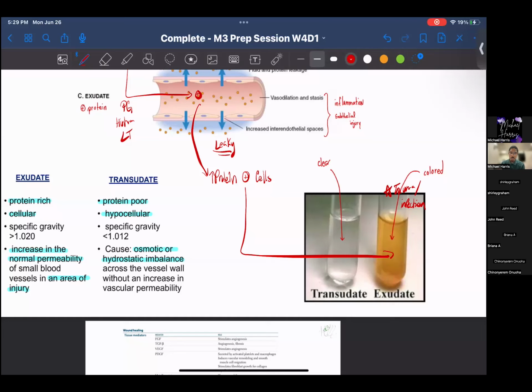And then they ask you, which do you expect to see in the fluid when they do a chest tube to drain the fluid from the chest? They could do that exact same scenario with someone who has cardiac failure, and it would be different. Cardiac failure, you'd have a transudate. Lung infection, you get an exudate. Good?